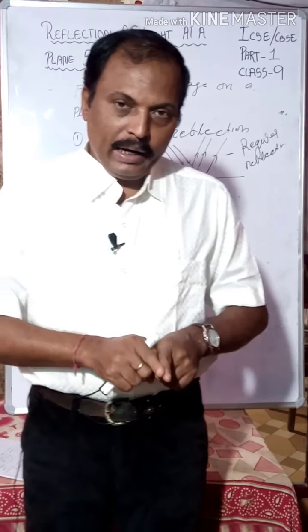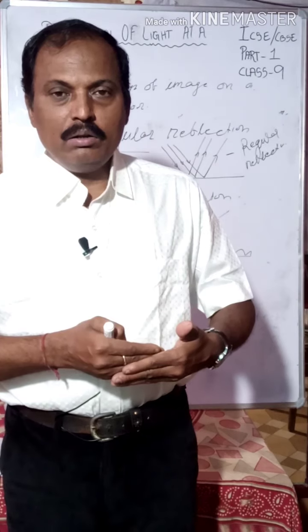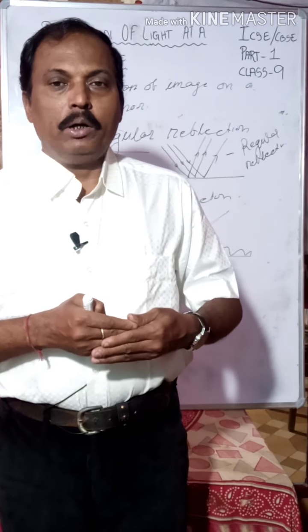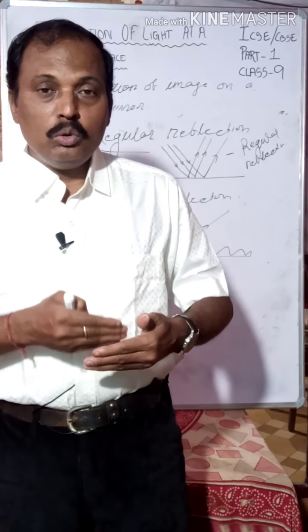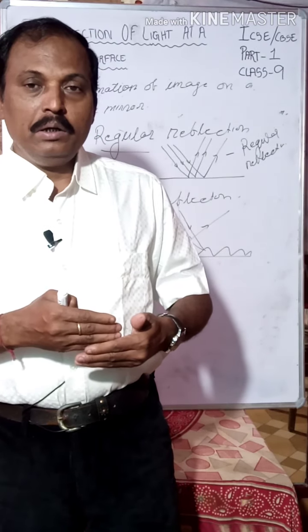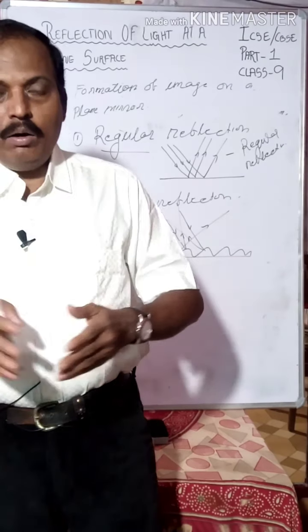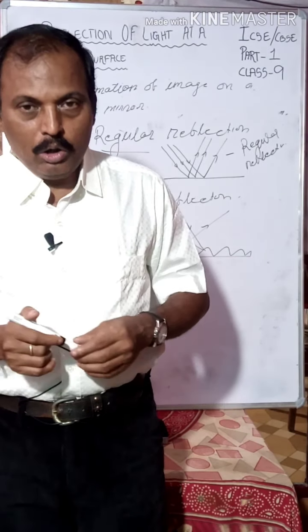But when light returns after reflection not in a particular direction, this is called irregular reflection, which occurs on a rough surface, found everywhere all around us.